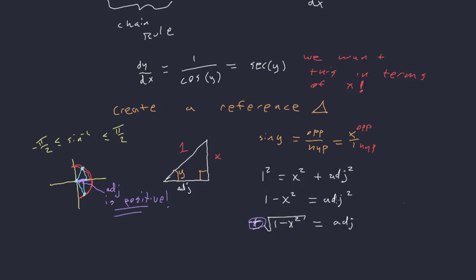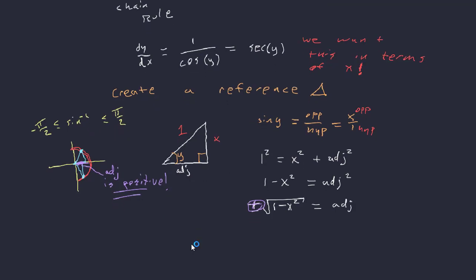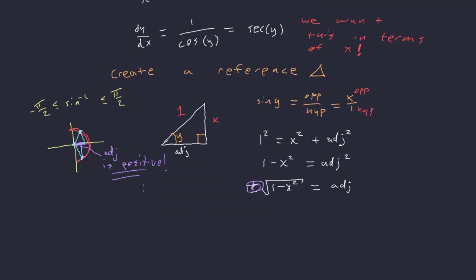If that's beyond your pay grade, that's fine. That's just why we're choosing this positive one. Okay, but that's where we use this restriction. So our side adjacent ends up just being the square root of 1 minus x squared. Okay, so now we can actually fill out what we have here.